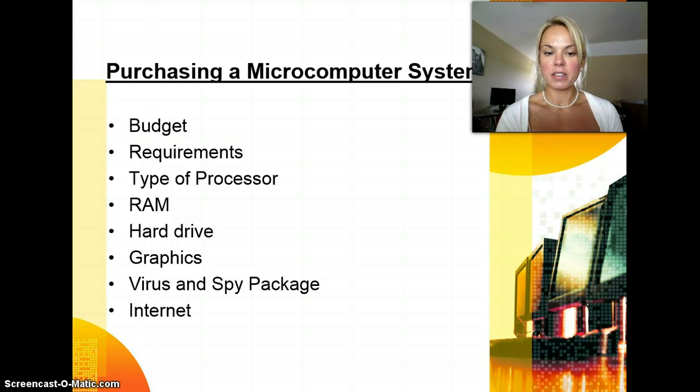If you don't purchase this, then your computer will be out of commission. I just had to spend $250 on fixing my computer, and I didn't know what was wrong with it, but Best Buy is so helpful. So make sure you purchase the virus and spy package, and determine which internet provider you will be considering using.